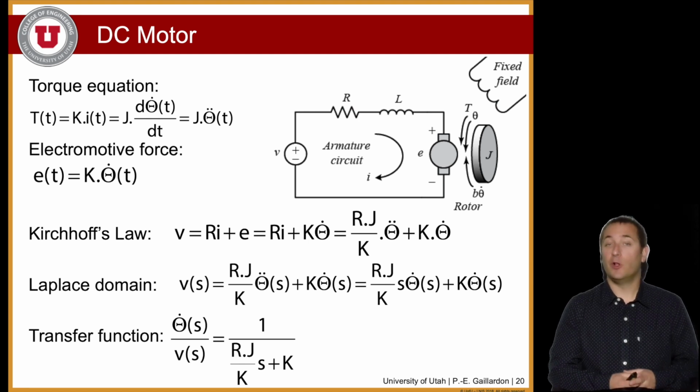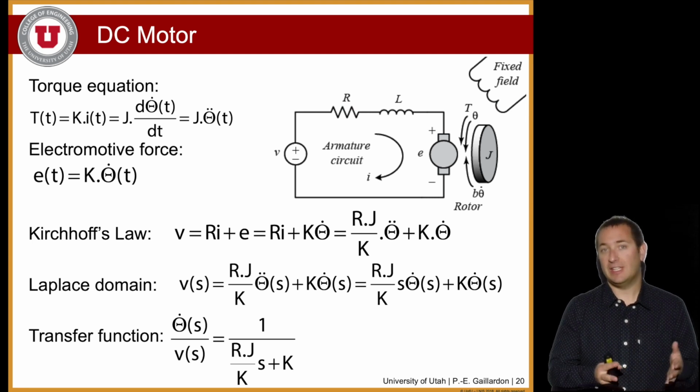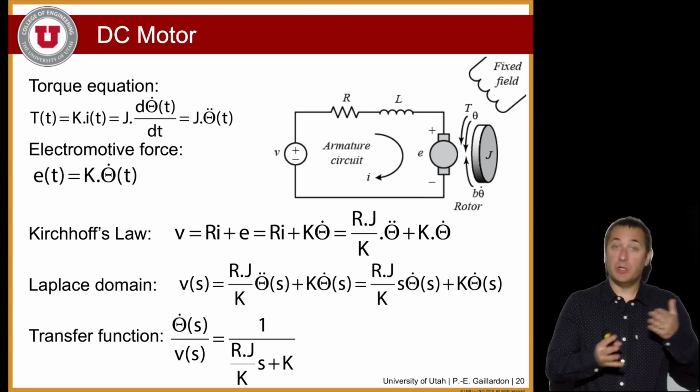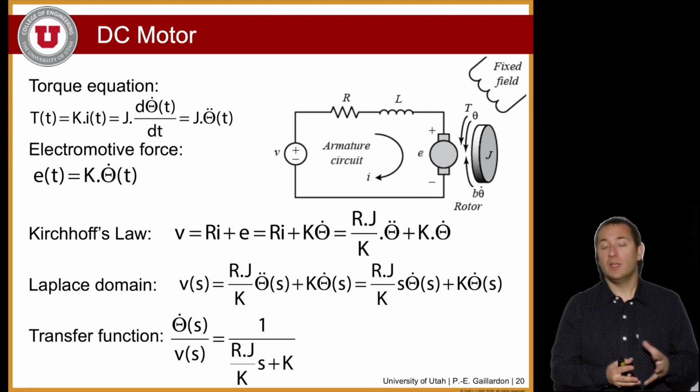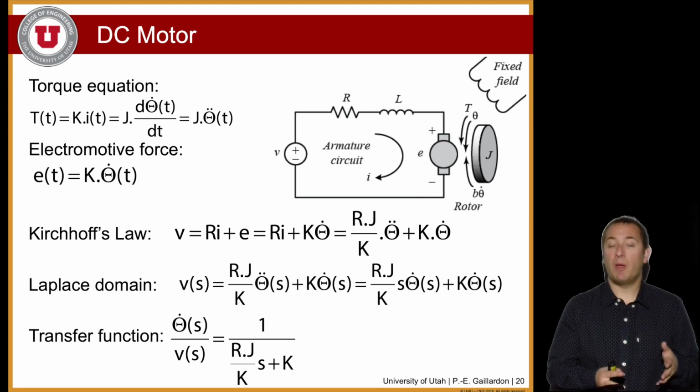And this torque follows the equation: torque is equal to the constant K times the current. So now, I would invite you to remember Newton's second law and its rotational version that says that the torque is also equal to the moment of inertia times the angular acceleration. So that will be J theta dot dot.